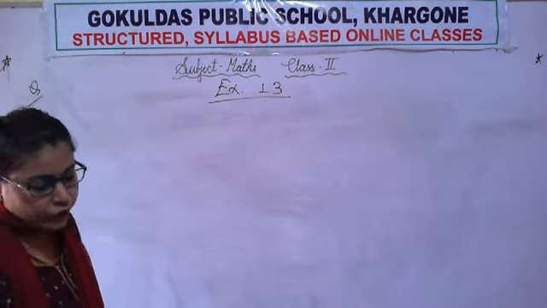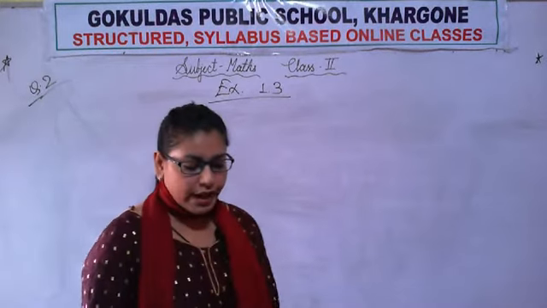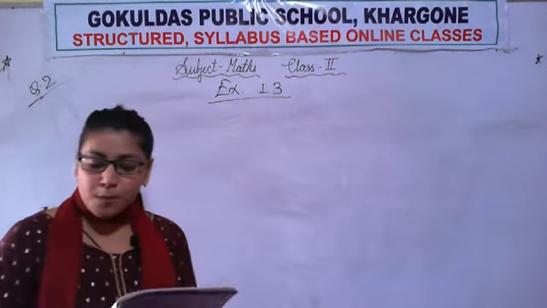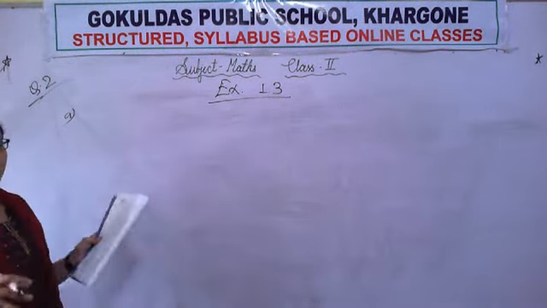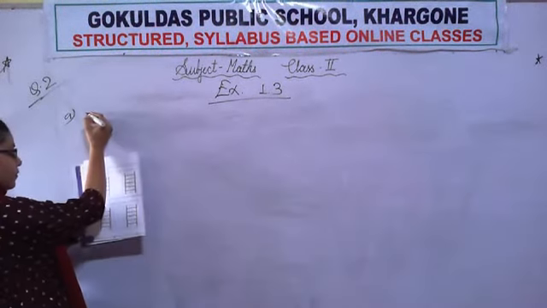Now we are moving towards question number 2 of the same exercise 1.3. Arrange the following numbers in descending order starting from the top of the ladder. Again I will do A for you and you will do B on your own.